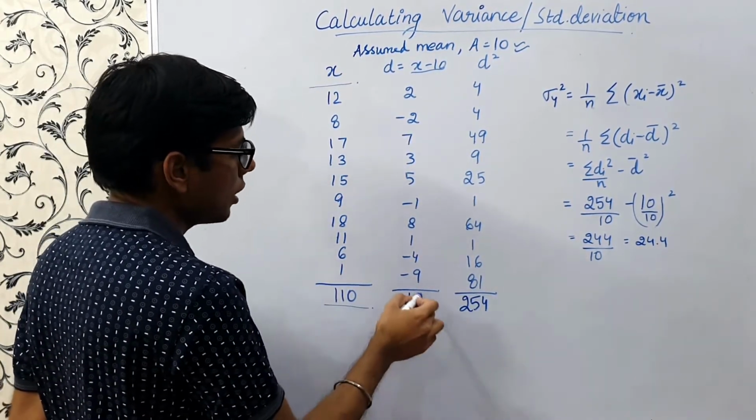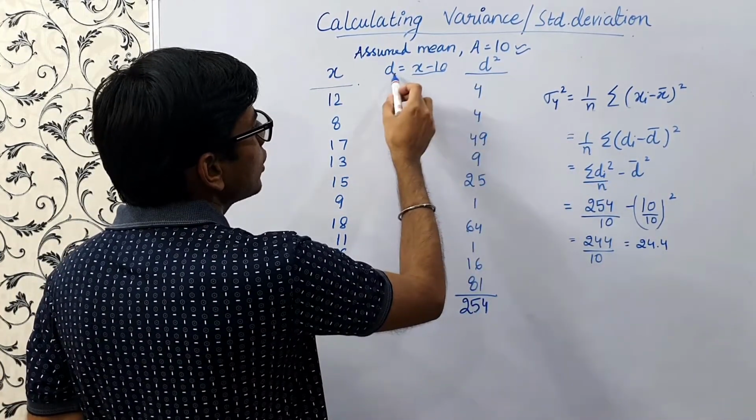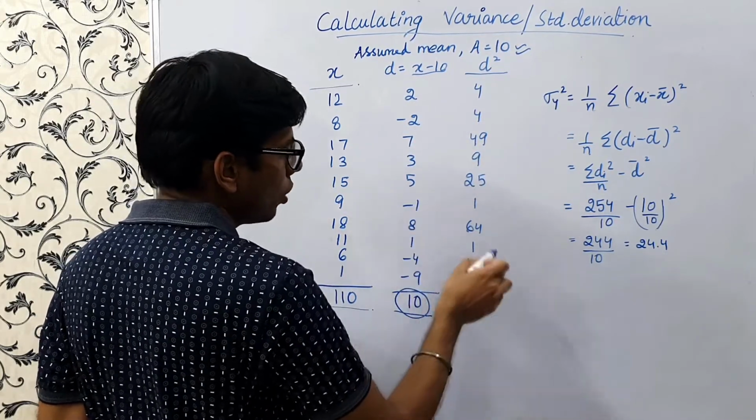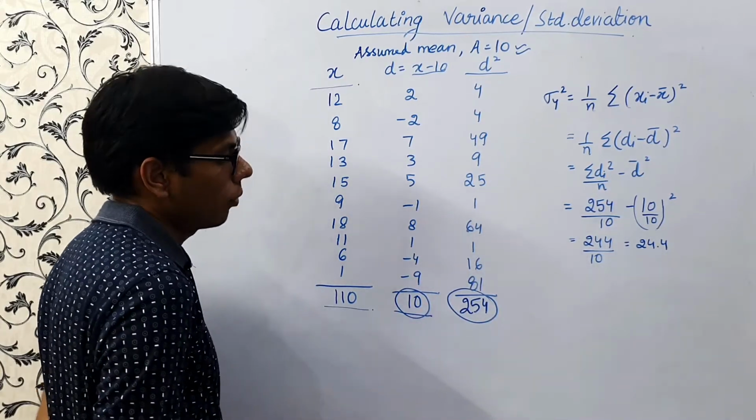When we sum these deviations, it turns out to be 10. Similarly, we calculate d square, the square of these deviations: 2 square 4, minus 2 square 4, 7 square 49 and so on. If you calculate this, it turns out to be 254.